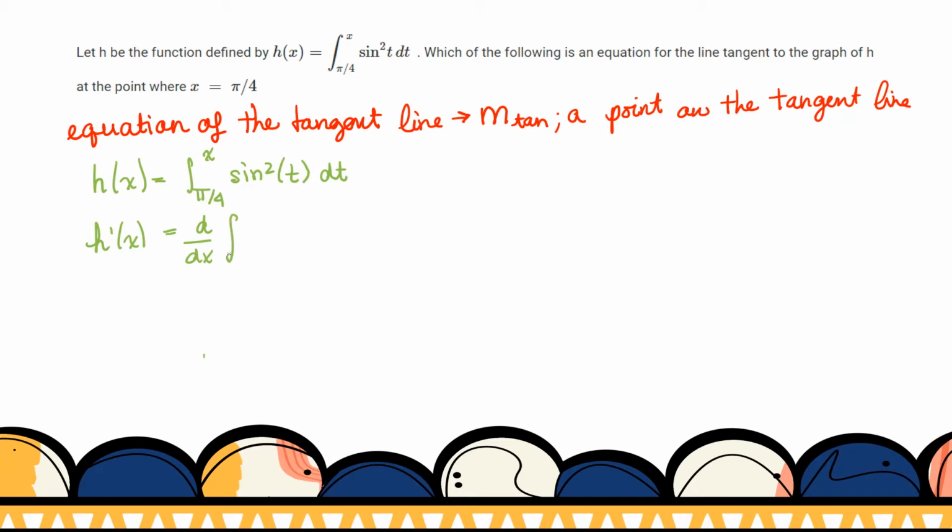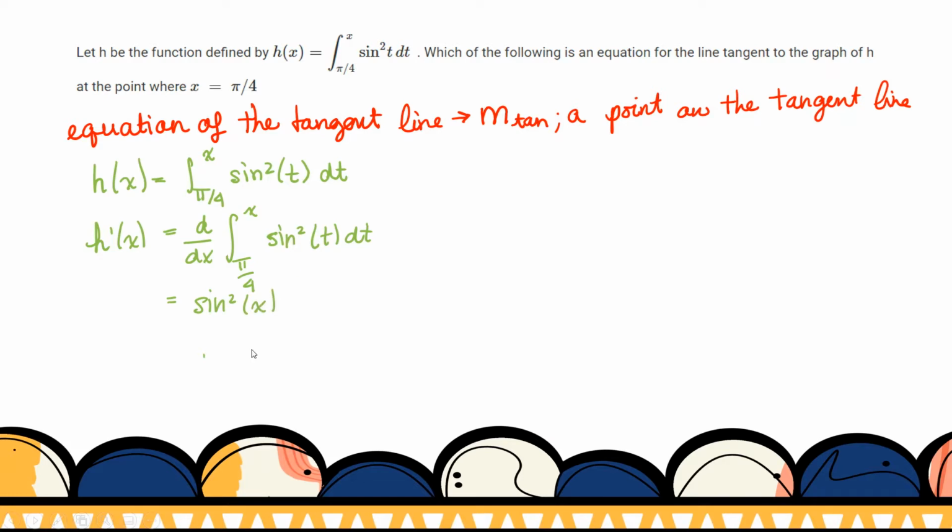And the derivative of the integral will give you back the function. So the derivative of this integral is just going to be sine squared of x, and that's it.